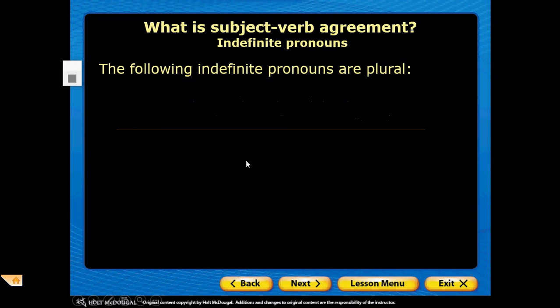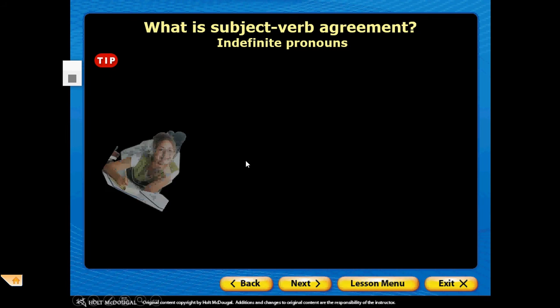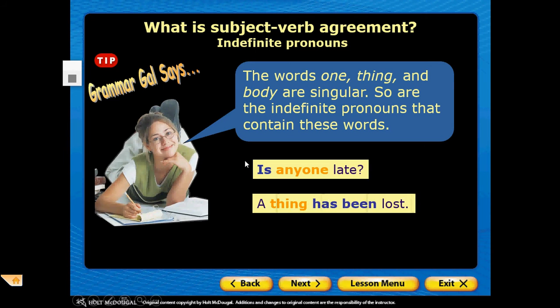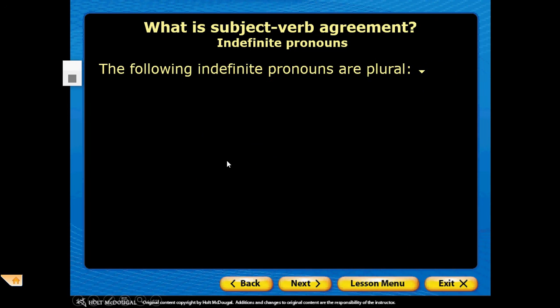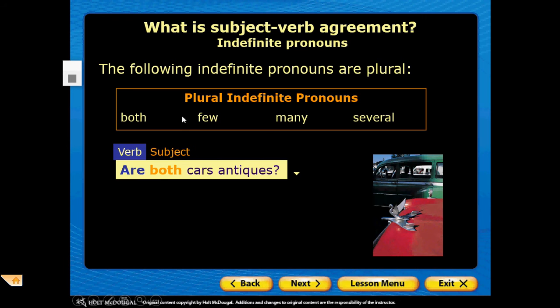We talked about the indefinite pronouns which were singular. Now we're going to talk about the following indefinite pronouns, which are plural. Plural indefinite pronouns are something like both, few, many, several.